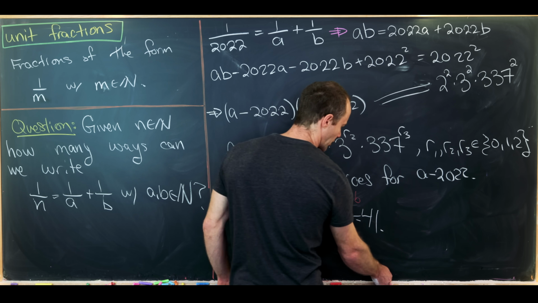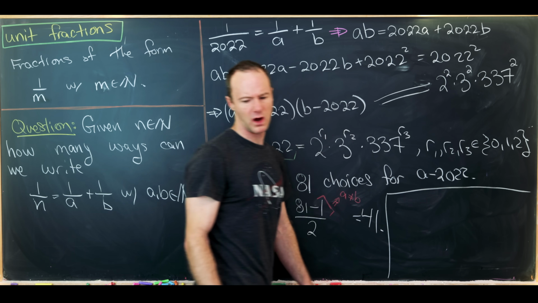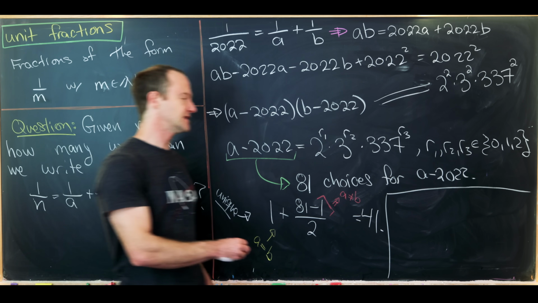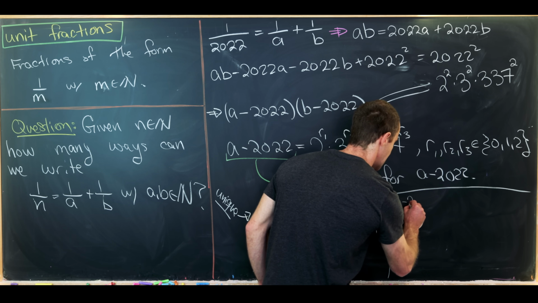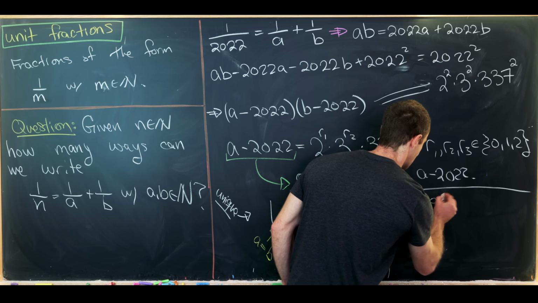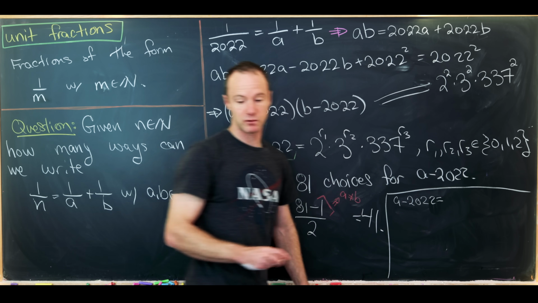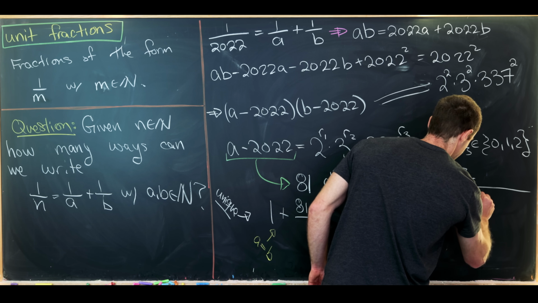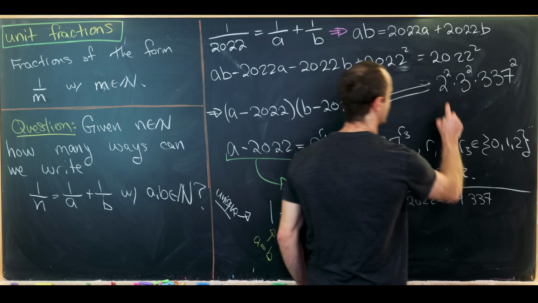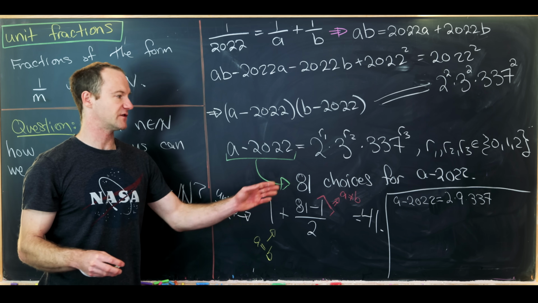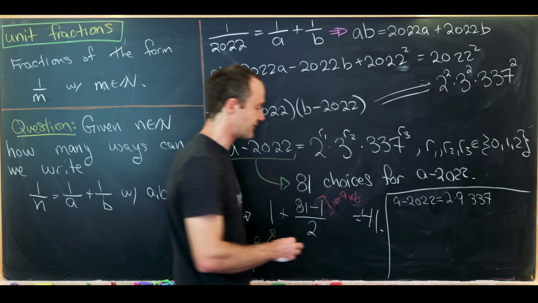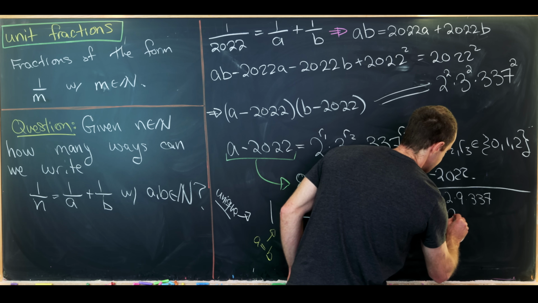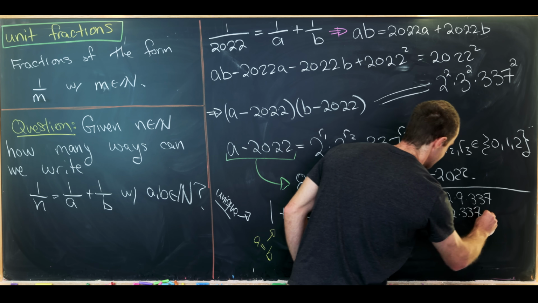So let's maybe work through just one possibility real quick. And notice that, for instance, if we choose A minus 2022 to be equal to 2 times 9 times 337, so that would be all of the 3's, but one of the 2's and one of the 337's. That means we'll have B minus 2022 is equal to 2 times 337.